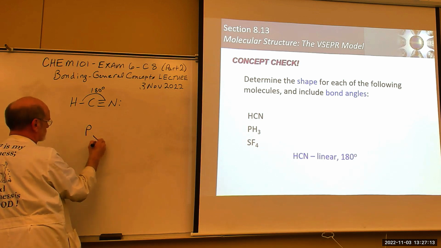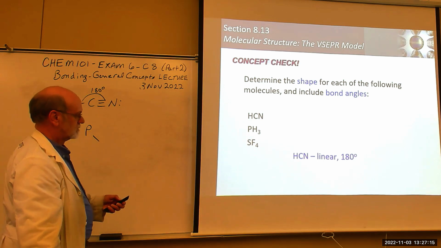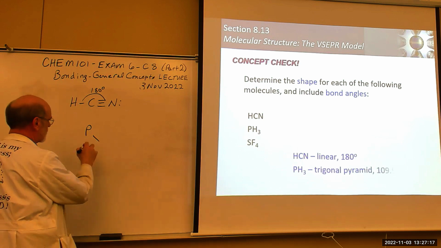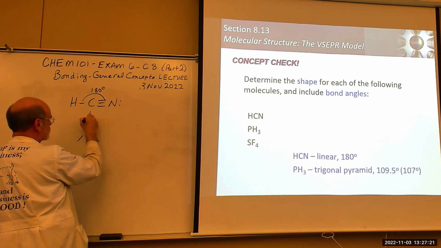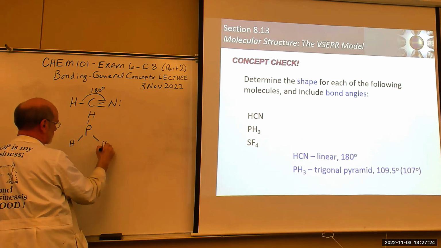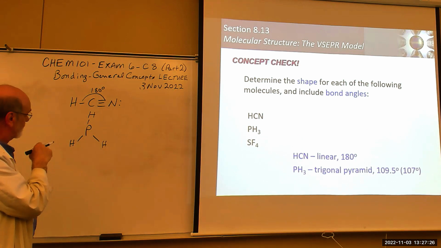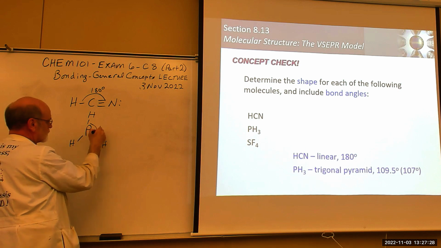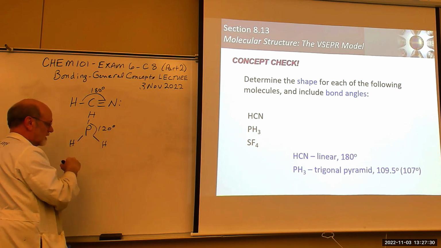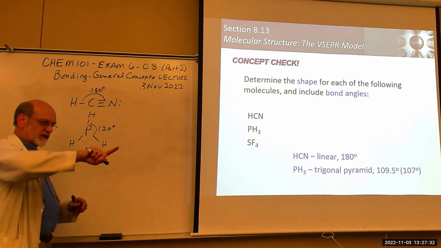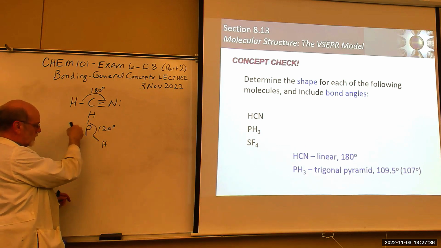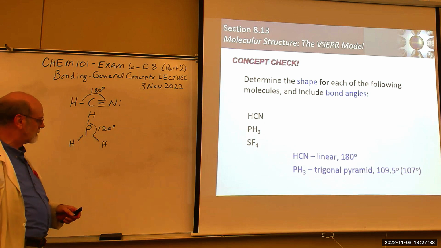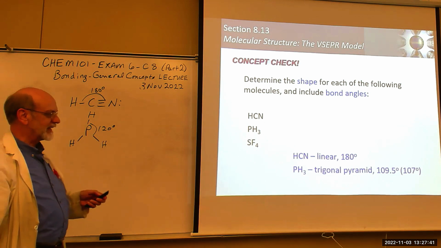PH3. Yes, PH3 only has that. So its bond angles are 120 degrees. Right? How do we know that? Because a complete circle is 360 degrees, right? So 120, 120, 120, 360. Trigonal planar.